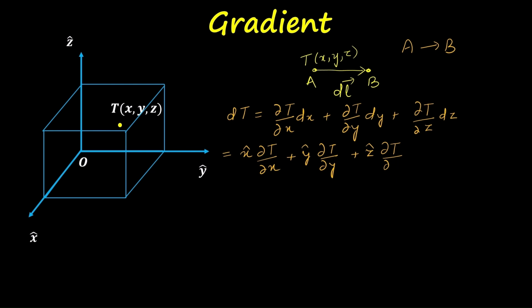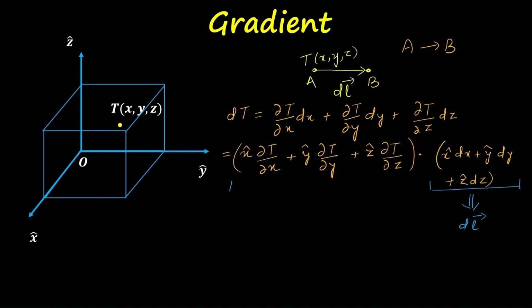Then we can take a dot product with x cap dx plus y cap dy plus z cap dz. Here, the second term is the small displacement. Sometimes we call it the infinitesimal displacement.